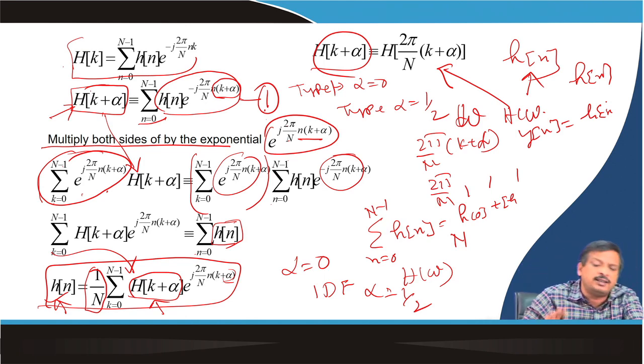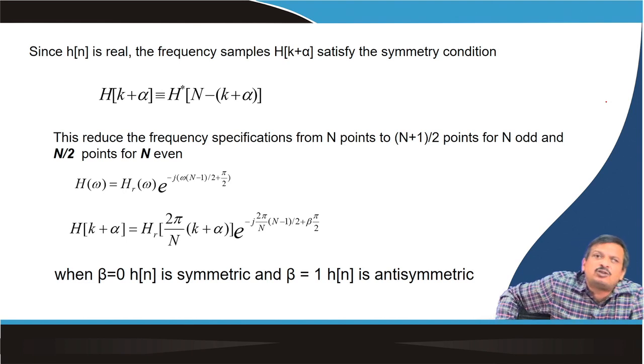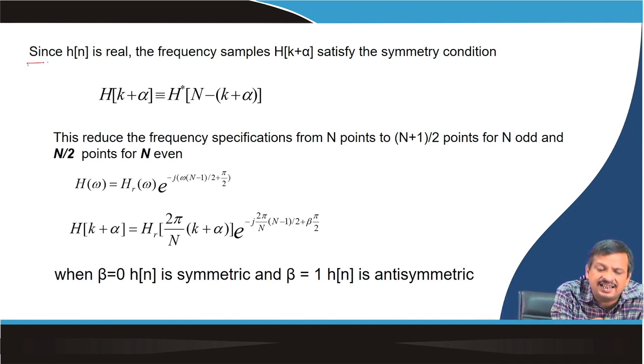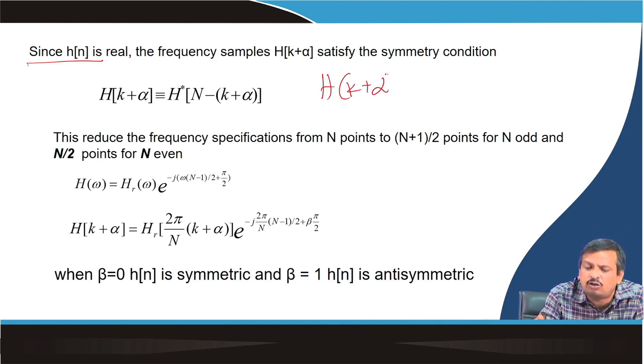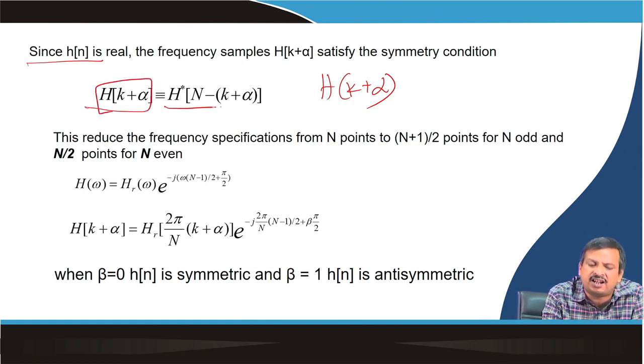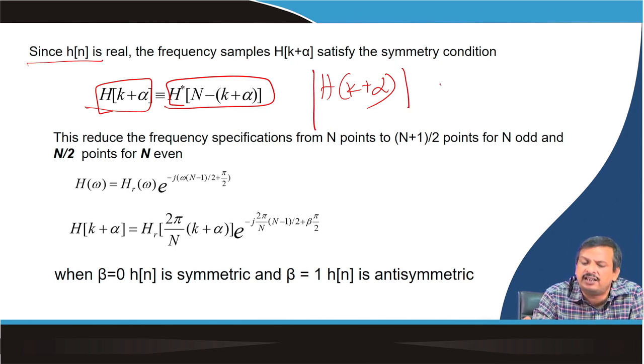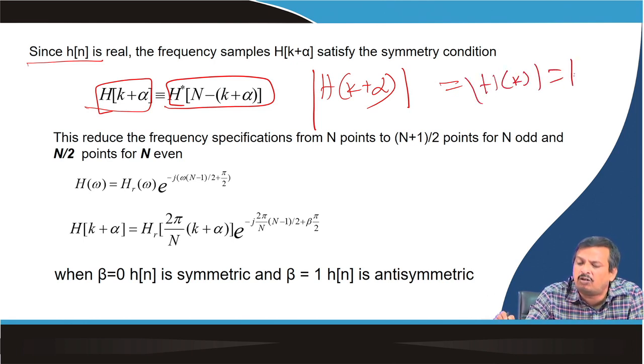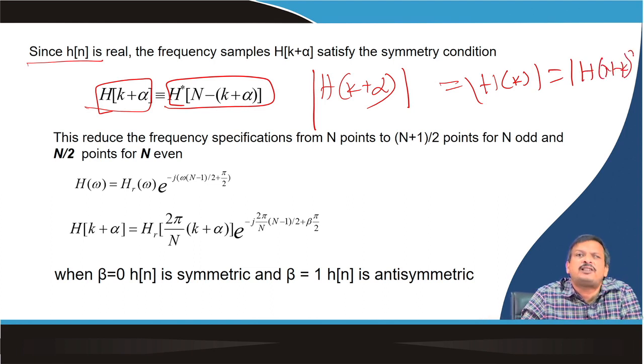So, if I do that, the mathematics is that since h(n) is real, I can say H(k + alpha) is also symmetric. In the complex domain, H(k + alpha) is equal to H star(N minus k + alpha). But in the magnitude domain, I know mod of H(k) is equal to mod of H(N minus k). That I know from the symmetry function.